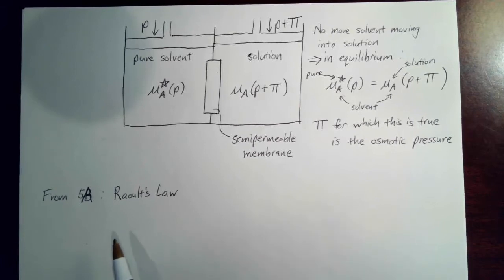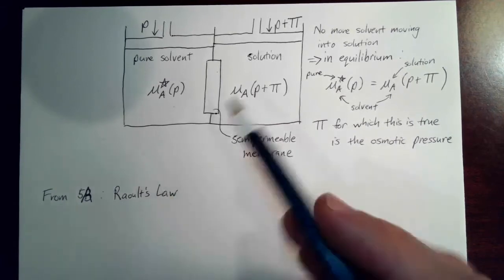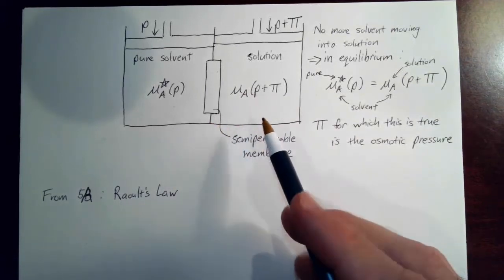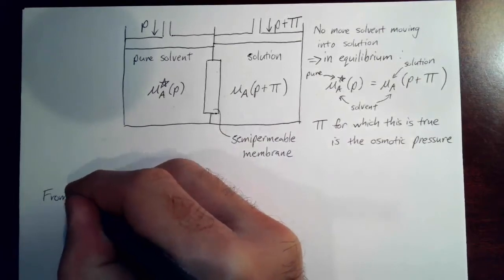Okay, I changed my mind about which one I'm going to address first. The first thing I'm going to address is the presence of the solute. How does that affect the chemical potential? And so we first saw that in 5a.